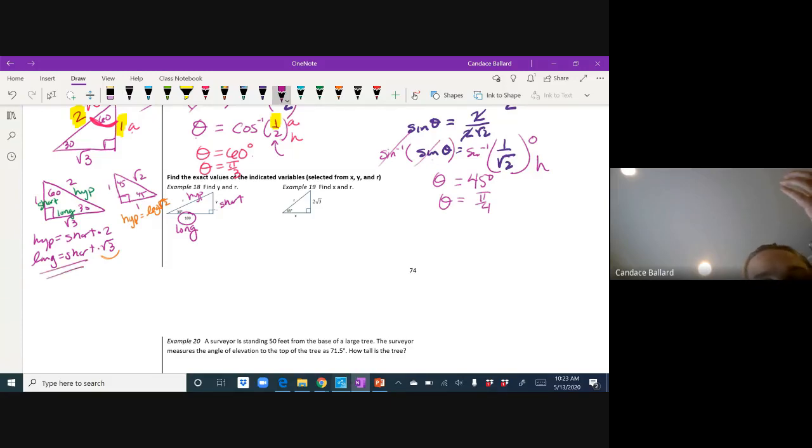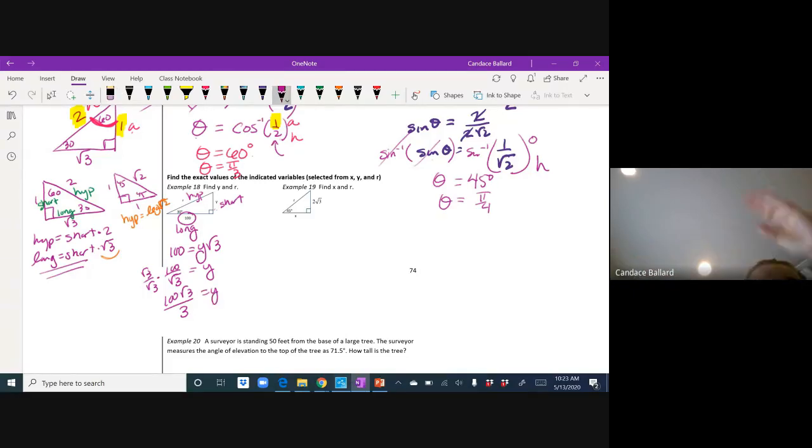I'm putting in 100 for the long leg, y for the short leg, and square root of 3, and I'm going to divide by square root of 3. So 100 divided by square root of 3. Then I'm going to multiply top and bottom by that square root of 3. So we get 100 square root of 3 over 3, because again, we don't like that radical in the denominator.